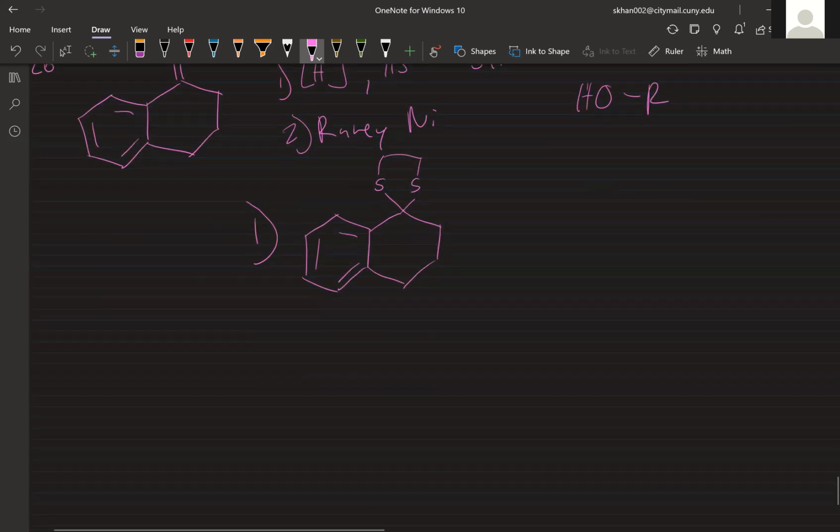And then after step two, what does the Raney nickel do? This is why mechanistically this probably isn't included. Exactly, it's a reduction. You're probably going to have something that looks like this. This is going to be your nickel. Then the sulfur should be directly coordinated with the nickel.